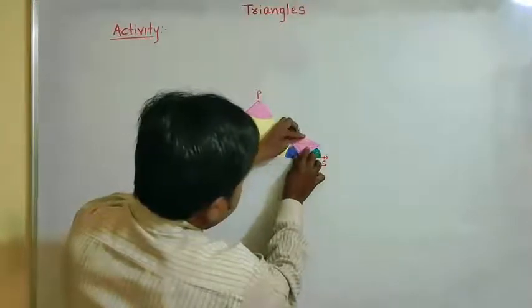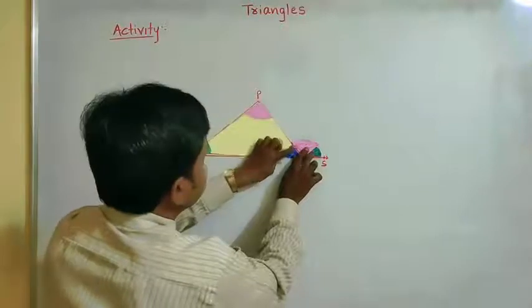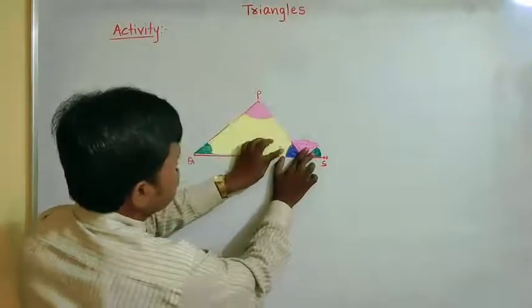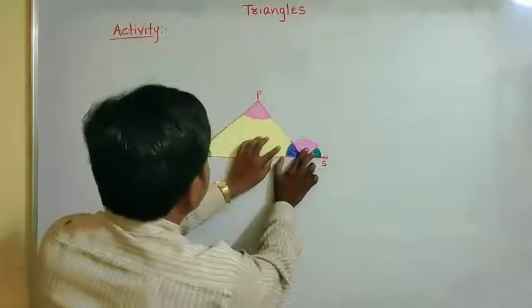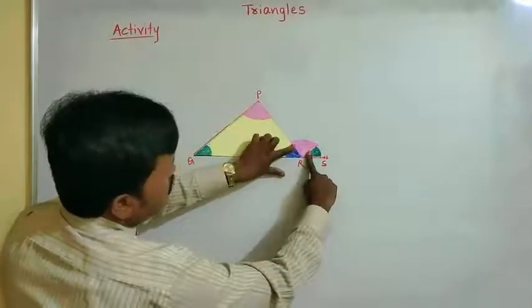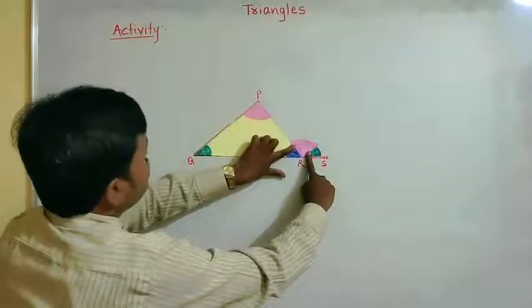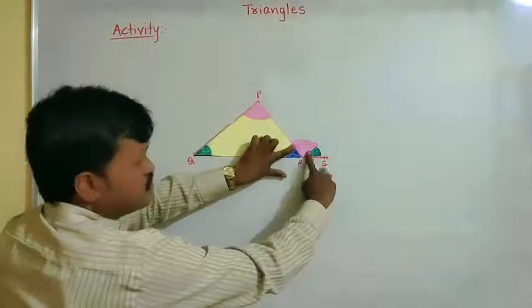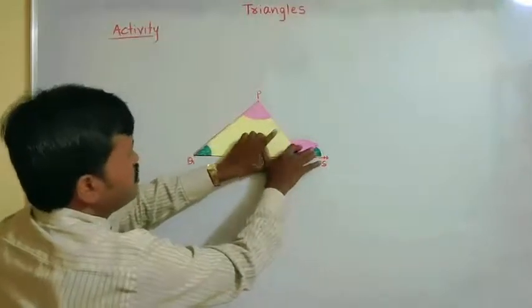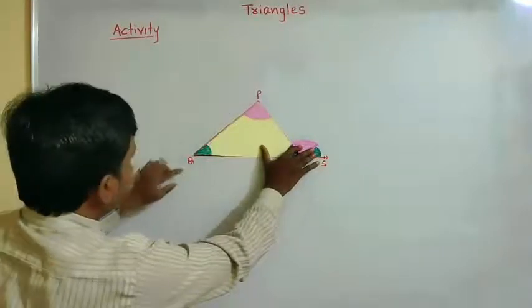Then what you get here? So look here, observe these figures. You get here the measure of angle PRS is equal to summation of angle P and angle Q. Summation of angle P and Q. That means angle P and angle Q.